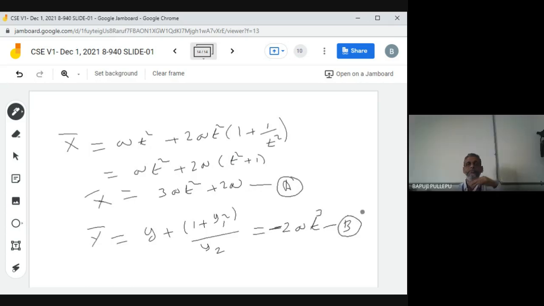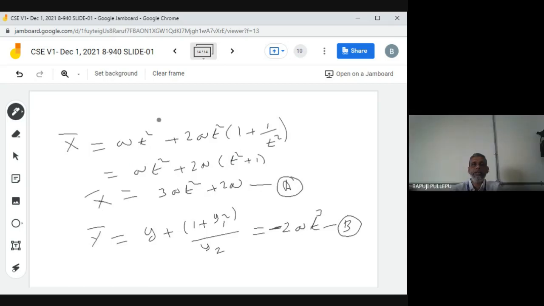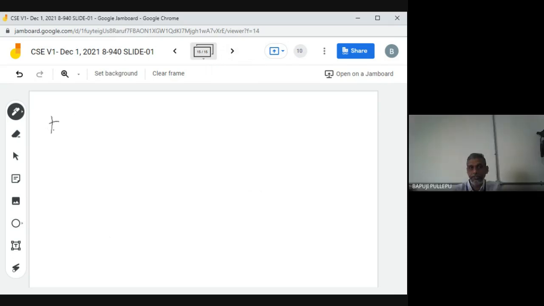Now locus means what? I want to remove the parameter from this x bar, y bar. If I am able to remove t, I will get the locus actually. Correct? Now how will you remove it? From this can I prepare x bar minus 2a by 3a is equal to t squared? Do you agree? Tell me the value from a.